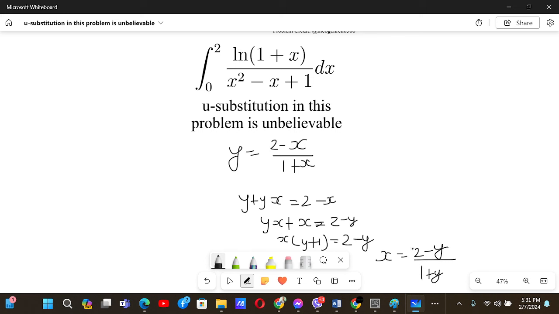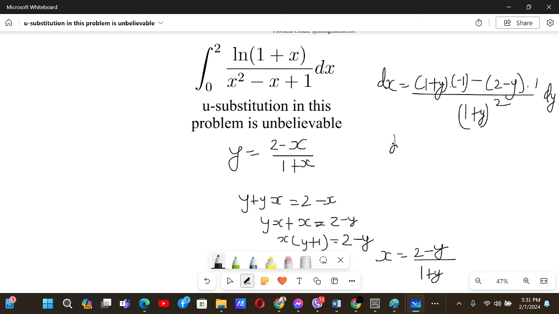Now let's try to find dx. Okay, so we need to differentiate that, using the quotient rule: derivative of u times v minus u times derivative of v, by v square, and then dy.